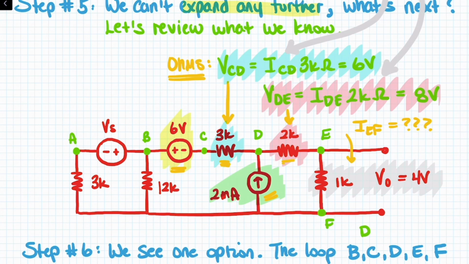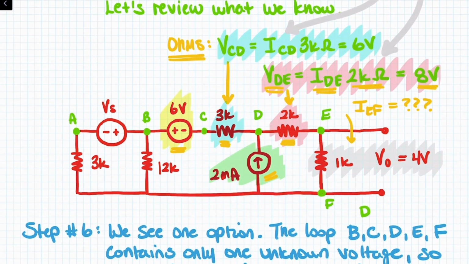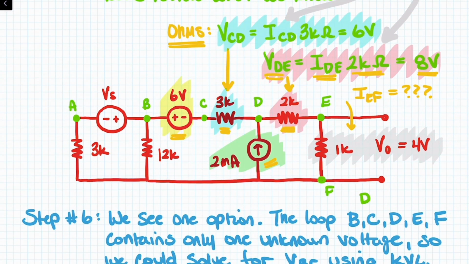We also know the voltage right here, highlighted in the red. We know that VDE is equal to IDE times 2 kilo ohms, which gives us 8 volts. And we already knew what was highlighted in the gray. So what we have is essentially the known voltage or current for each one of the shaded or the highlighted yellow, blue, red, green, or gray elements.